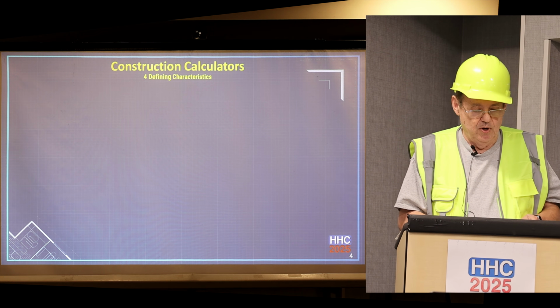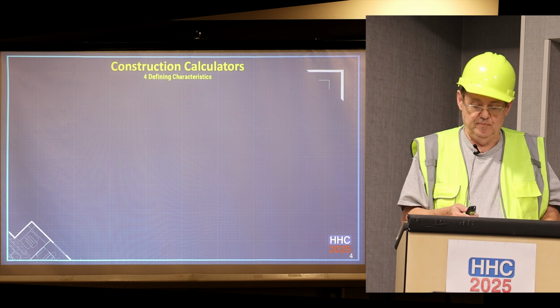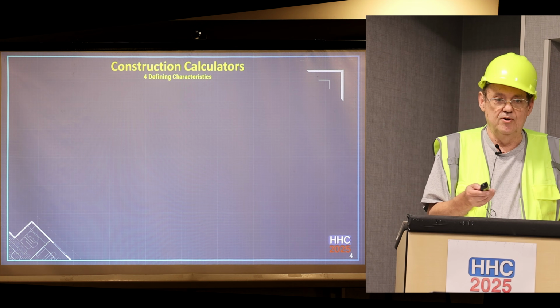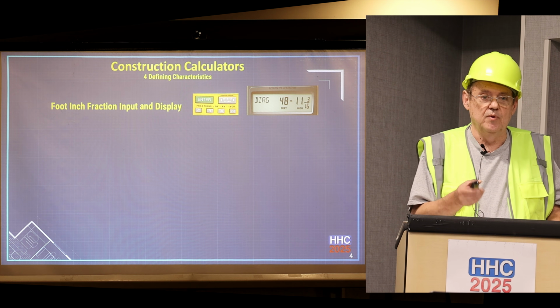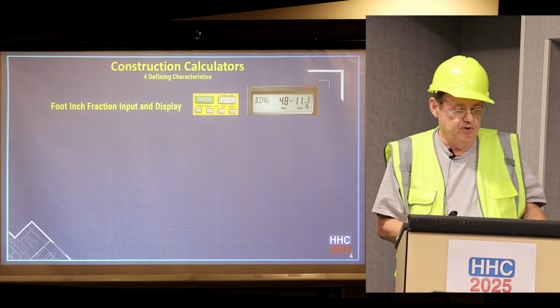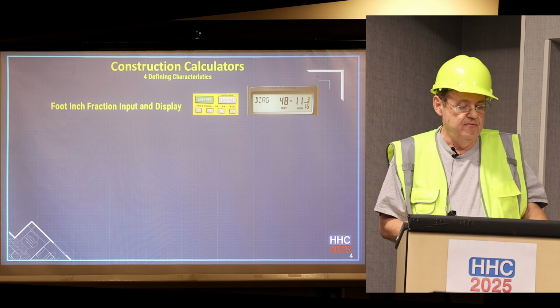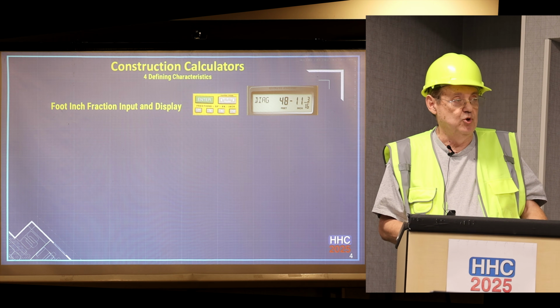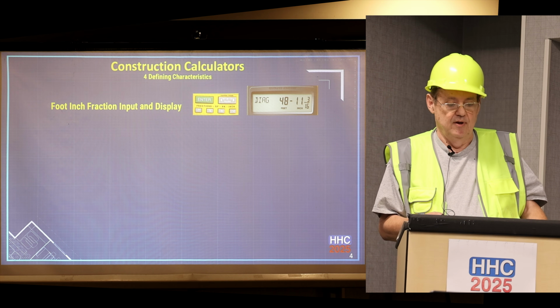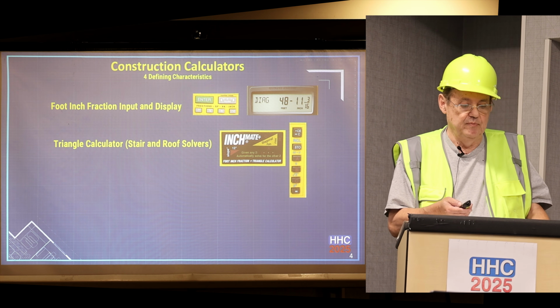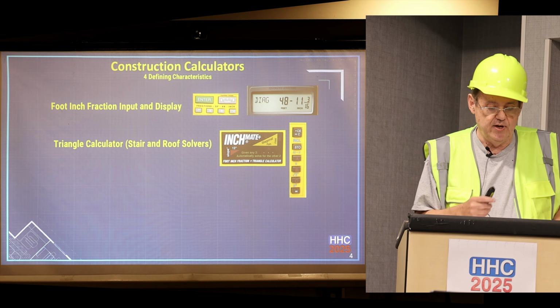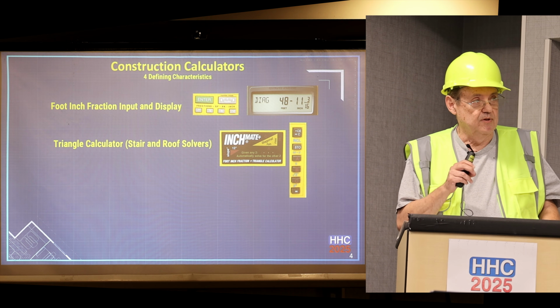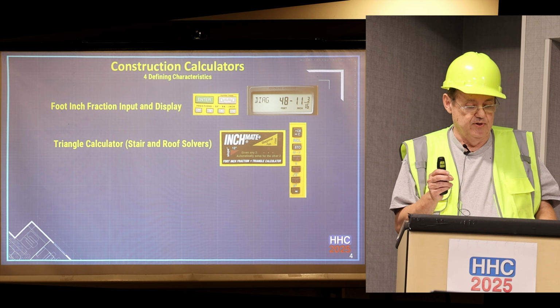So, construction calculators. Okay, harder to do when you can't see the screen. What's the first defining characteristic? Well, they have feet, inch, fraction, input, and display. The second, they have triangle calculator, stair, and roof solvers built in.